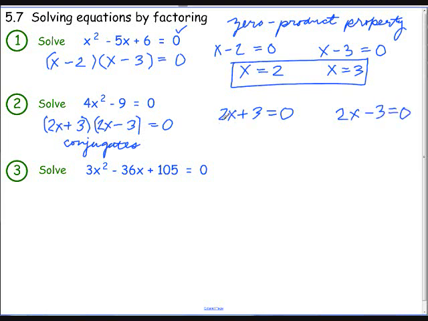When I solve, I'm going to try to isolate my x term, so I'm going to subtract 3 from both sides. 2x equals negative 3. 2x equals 3. X equals negative 3 divided by 2. X equals 3 divided by 2. There are my two solutions.